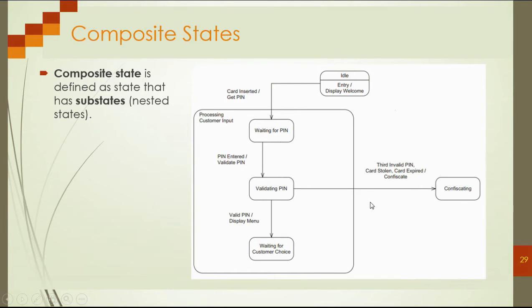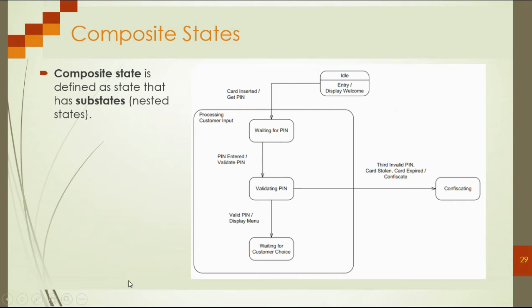This is the first type of hierarchical state chart, with one composite state only, and this composite state has many substates. So how can we represent this composite state in the system?